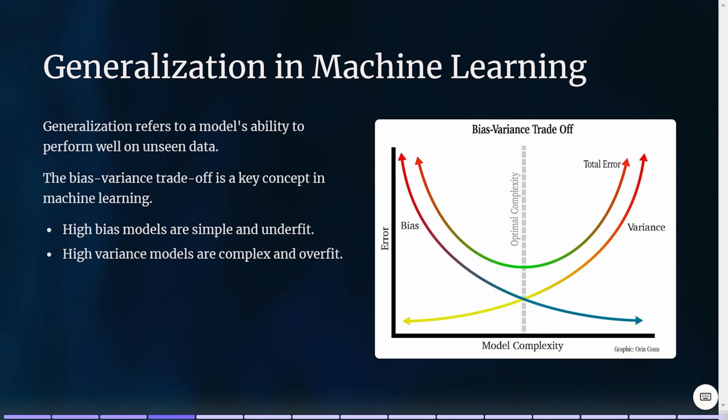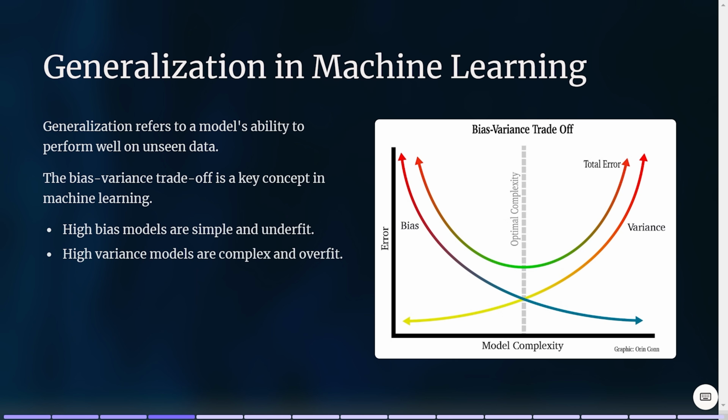At the core of all this is a concept called generalization. This refers to a model's ability to perform well on unseen data. And generalization is heavily influenced by the bias-variance trade-off. High bias models, like simple linear regressions, often underfit. They're too rigid to capture the complexity of the data.